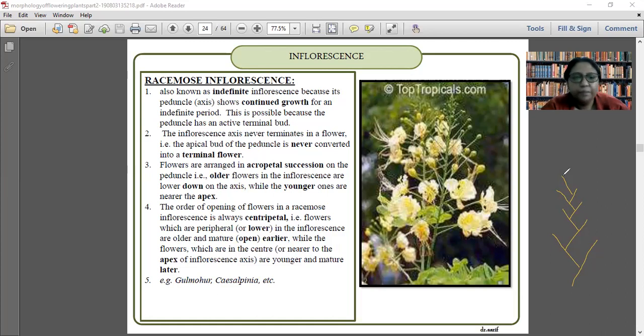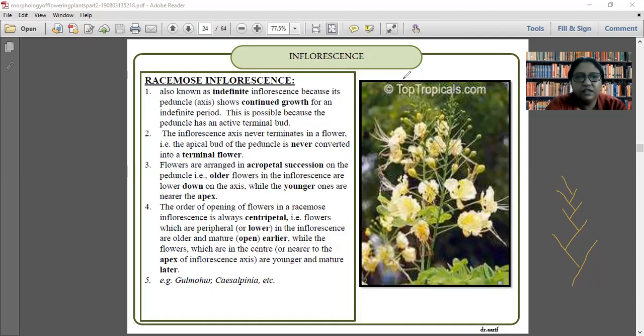If you see centripetal arrangement, it means the flowers at the periphery, towards the margin, will be older and mature because they open earlier, and flowers at the apex will be younger.